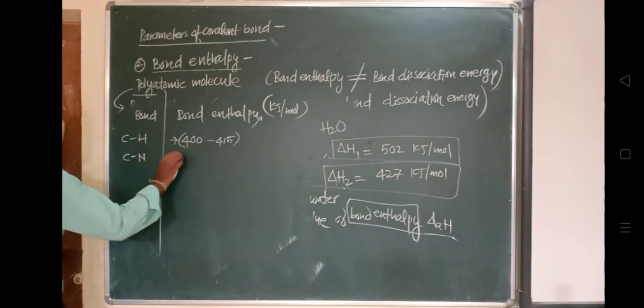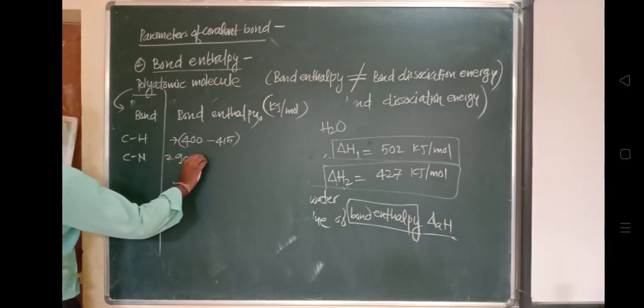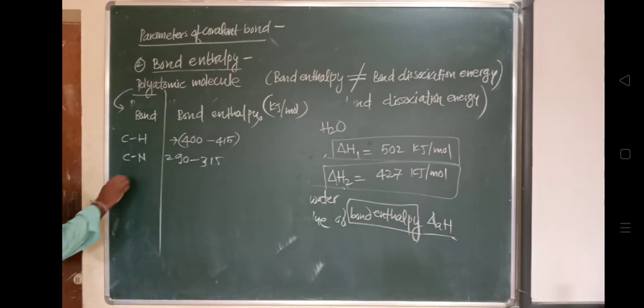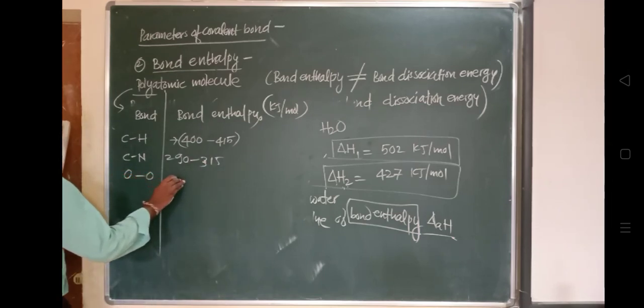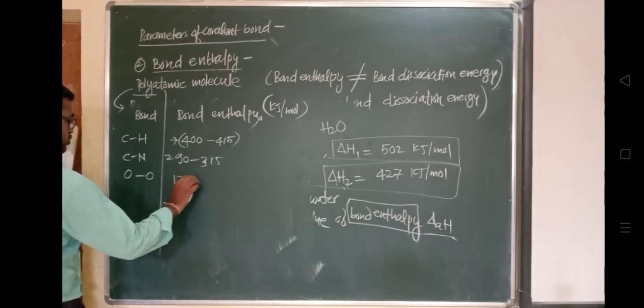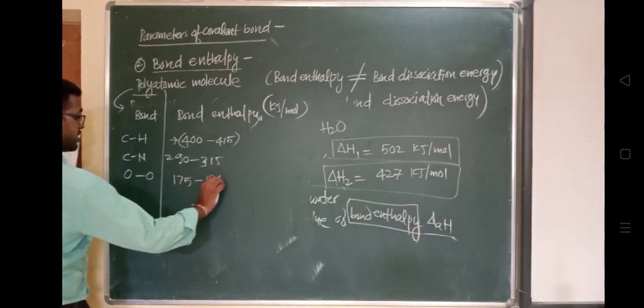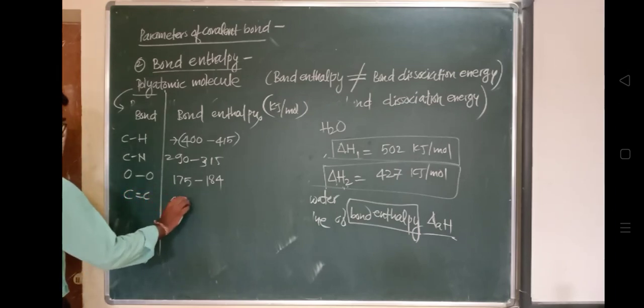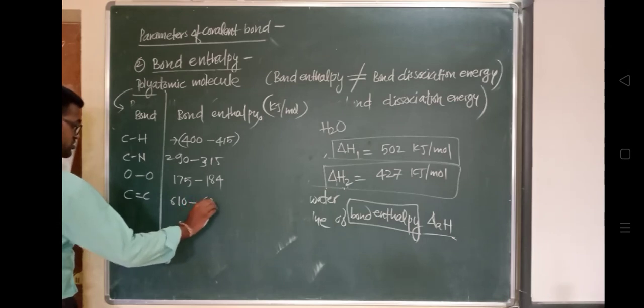I have not written all these bonds, but a few of them. This represents bond enthalpy, the amount of energy required to break one mole of bond. We have seen how to calculate this for diatomic and polyatomic molecules.